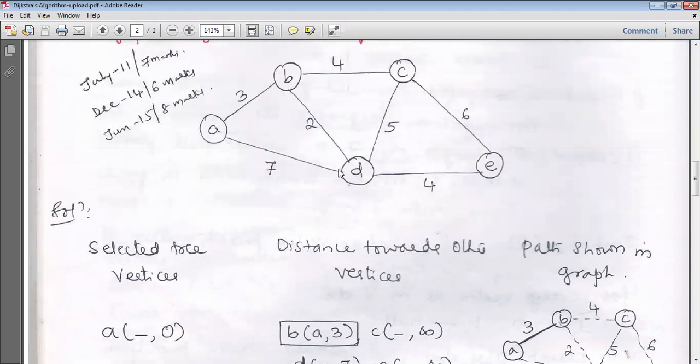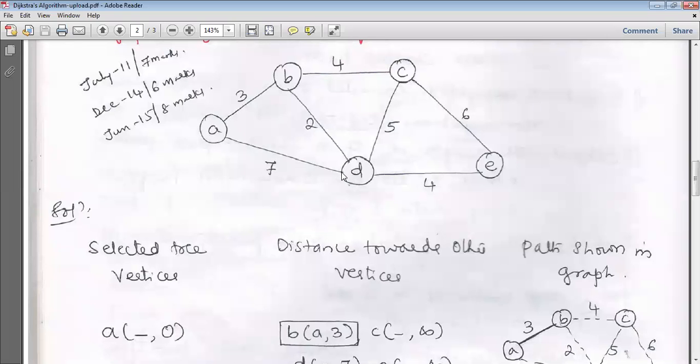D, then we'll check whether there is a direct edge from B to D. Yes, there is a direct edge from B to D. What we have to do here, as I said recently while adding the vertex C: to reach B, there is a distance 3 from A to B, then B to D. Because starting from one vertex, we are going to reach the other vertices, so always we need to add the cost, whatever distance we have covered previously.